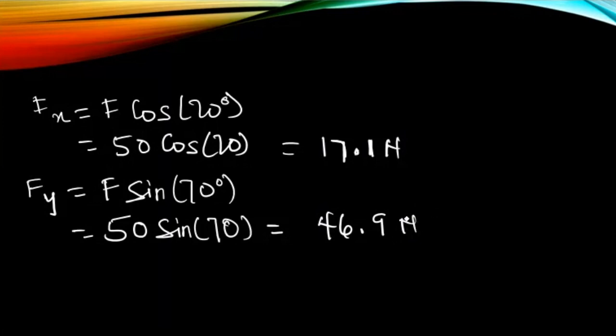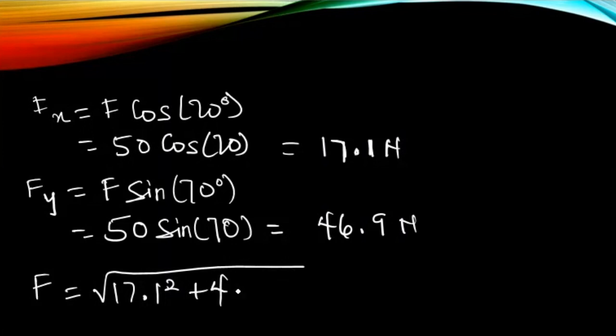So again, when you sum this up, let's just sum it up to prove it. Assuming we are given the horizontal and vertical parts, we'll have 17.1 squared plus 46.9 squared.